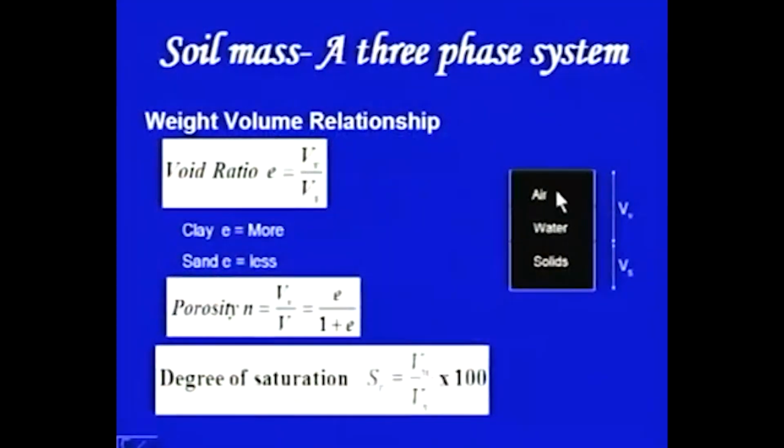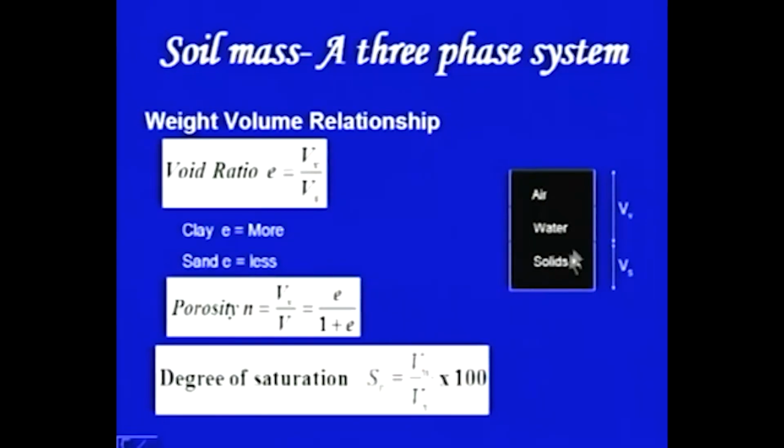Now, the next thing which I told you was that you should know about the weight volume relationship of the soil. A soil mass can be treated as a three-phase system which has air, water, as well as solids. All these three are there. It is not that the air is at the top and then the water and then the solids.